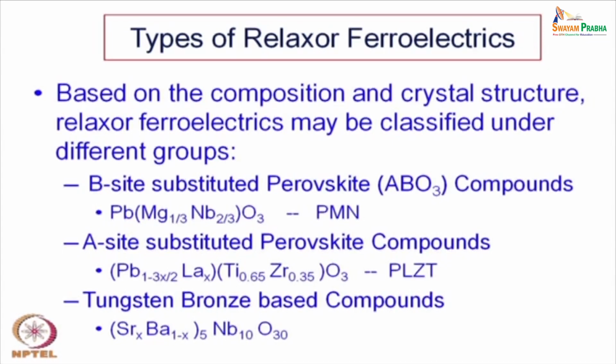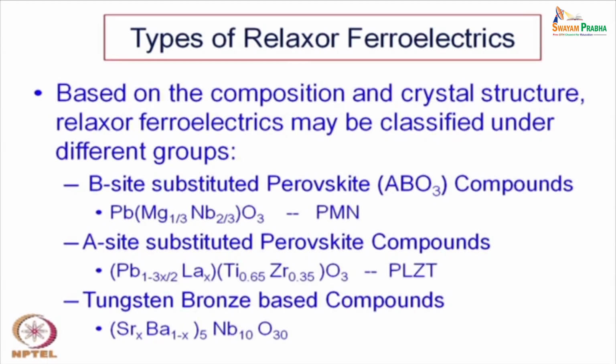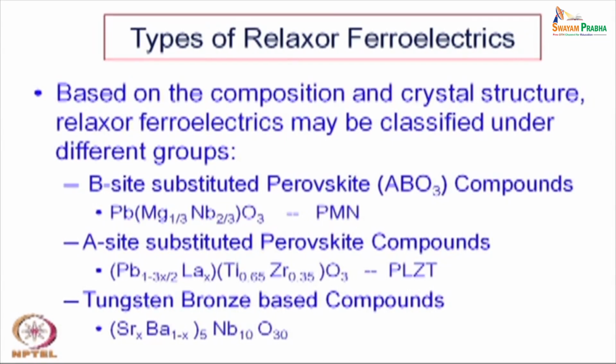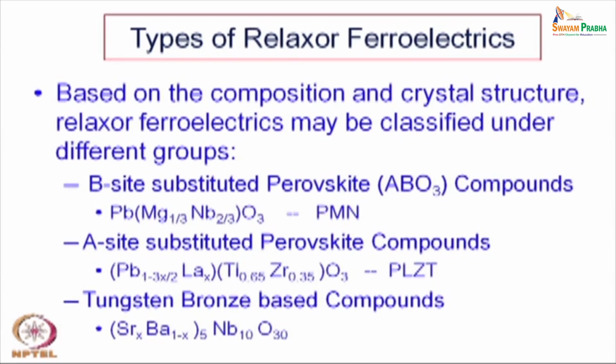These two form a solid solution, in which part of the lead is substituted by lanthanum. That forms PLZT. We will discuss the properties and how they are prepared a little later.